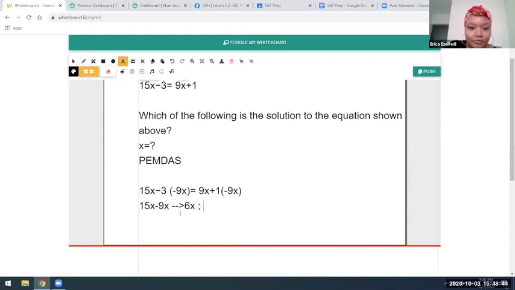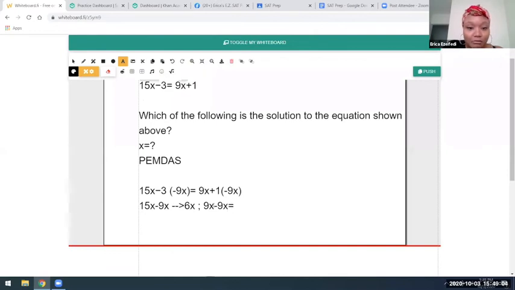For the right side of the equal sign, we're going to do the same thing. I'm just breaking this down by steps so everyone understands. I'm going to put it all together in a second. So our like terms on this side are 9x minus 9x.